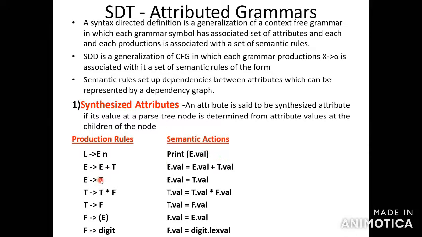Production rule means, as per the given grammar, what you write for the given grammar. Semantic action means the given production rule can be expressed in the form of semantic actions. So each production is associated with some set of semantic rules.